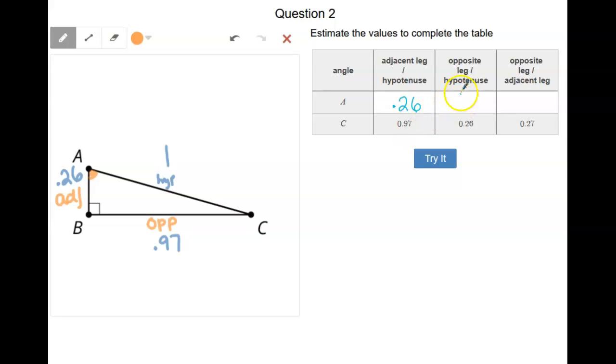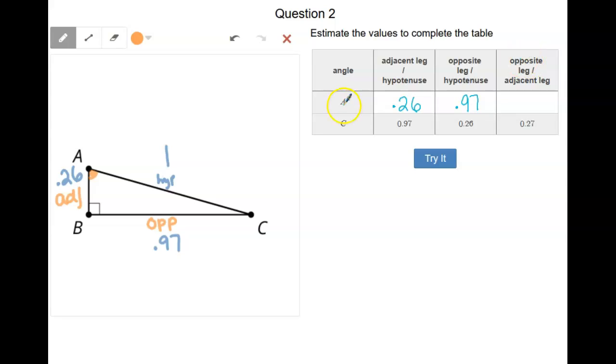And the same thing with this one here. If we take angle A and we do its opposite over the hypotenuse, now this value is going to come up here. This is 0.97. So the only difference really is with this one. With C, the opposite over the adjacent, we have 0.26 divided by 0.97. But in this one, the opposite and the adjacent switch.